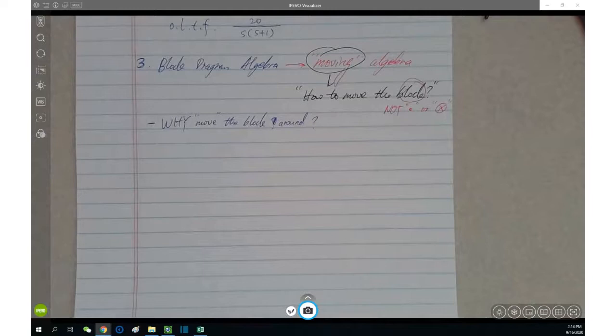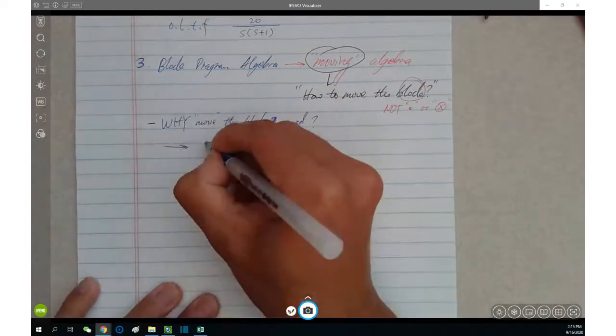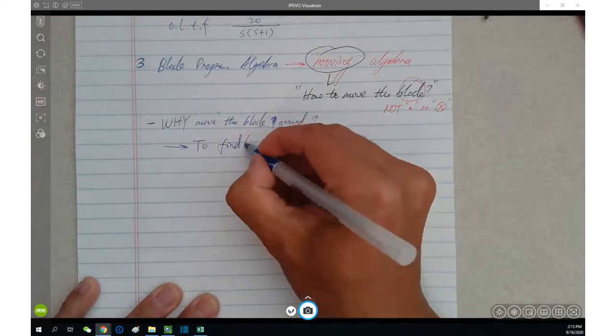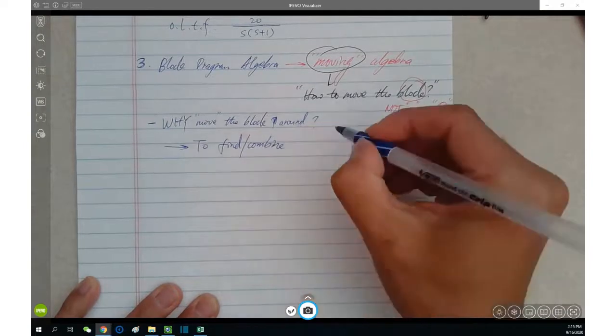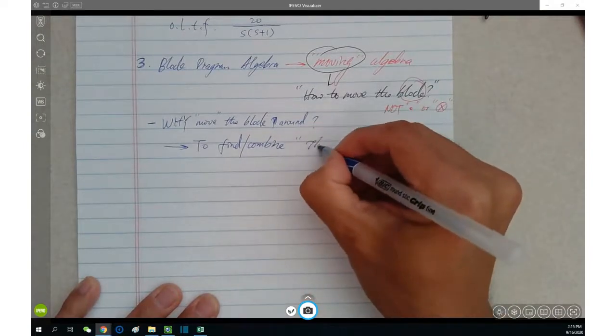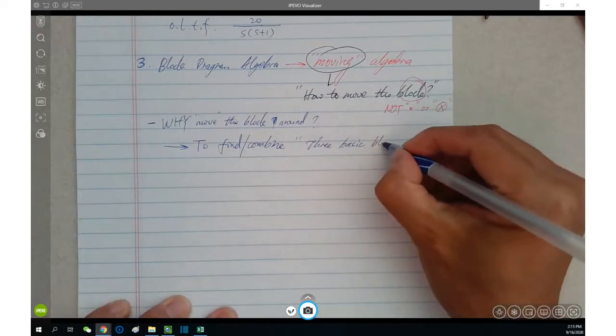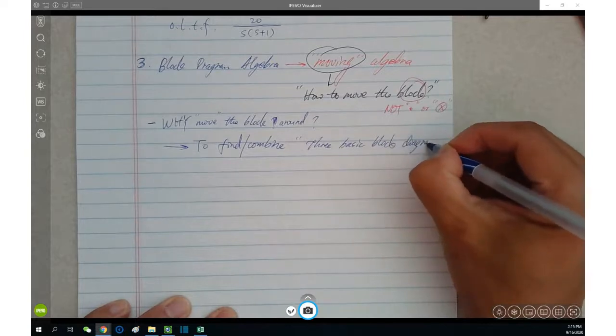We are doing combining, okay? And always remember, we are doing combining, trying to eventually find the total transfer function. To achieve that, we have to do block moving, because to combine the three basic block diagrams.